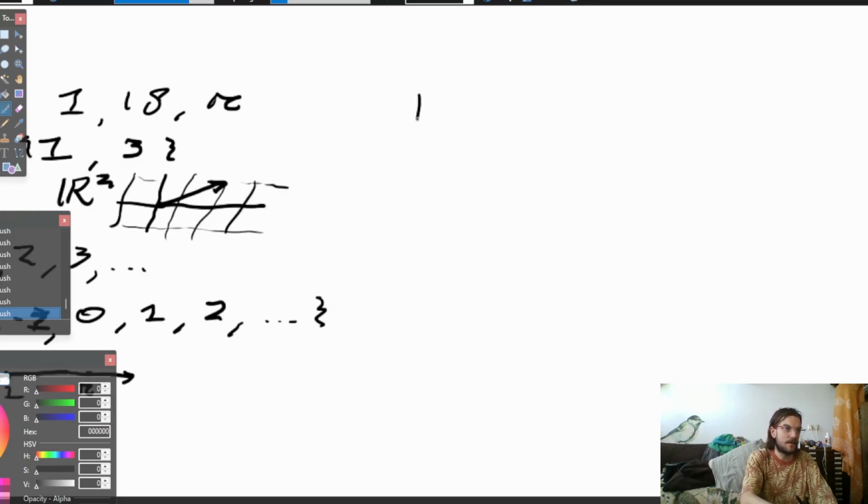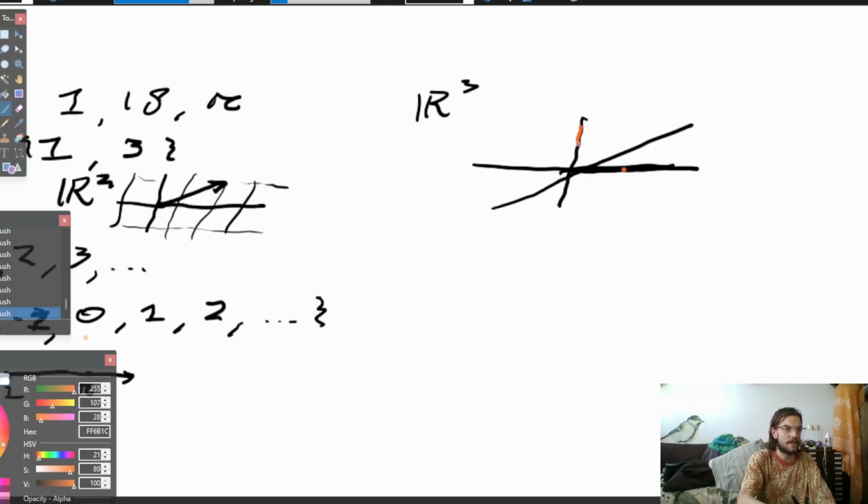If we imagine R3, which is three-dimensional space with 3 coordinates, we can imagine a cube inside of R3. And this cube is again just a collection of numbers. It's a very complicated collection, there's infinitely many numbers in there. But this can also be a mathematical term.